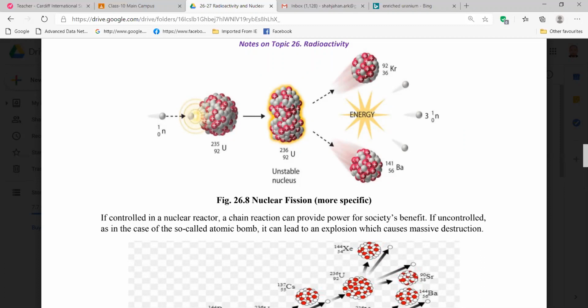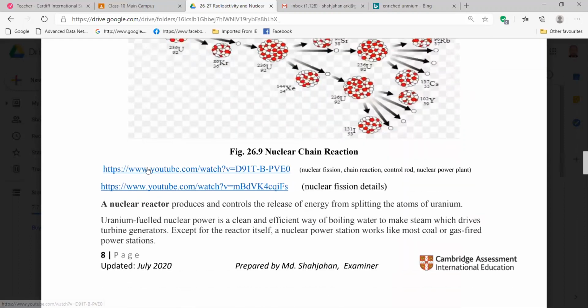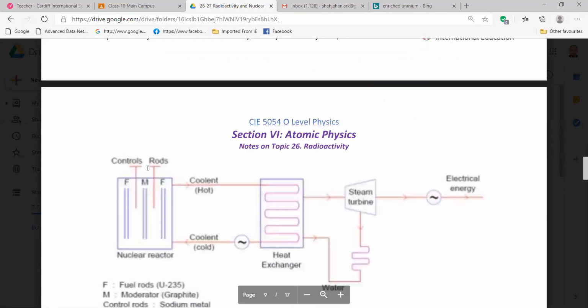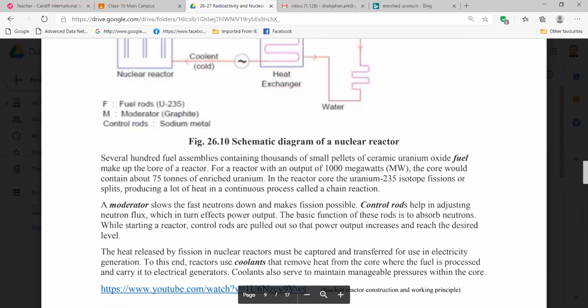If it is too fast and it's just touching and going, then it cannot happen. So we have to make it the certain level of kinetic energy required to make the fission possible. We use this moderator.